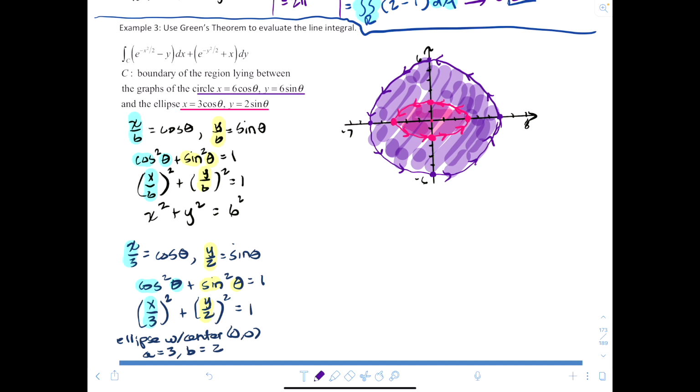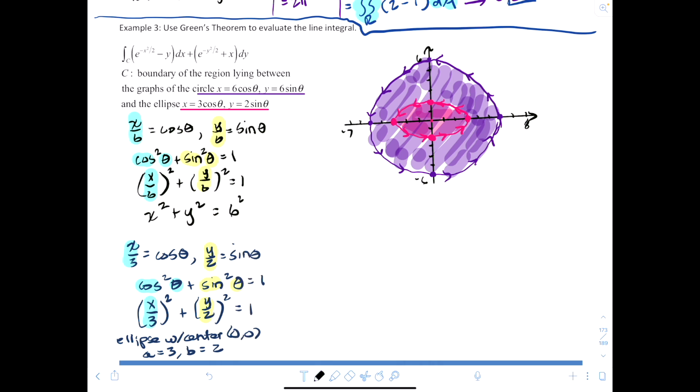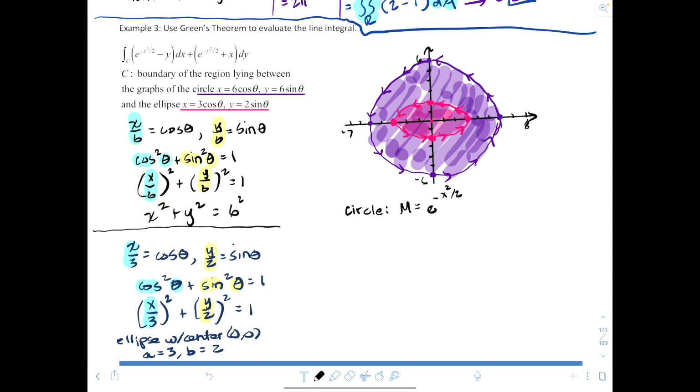All right. So again, we're going to look at this as 2 separate problems, one for the circle and one for the ellipse. So for the circle, M is equal to e to the negative x squared over 2 minus y.